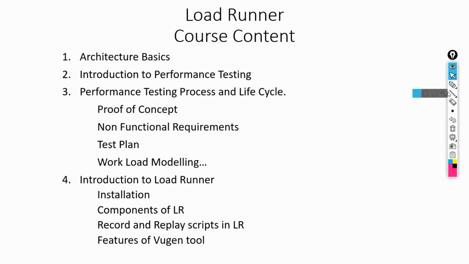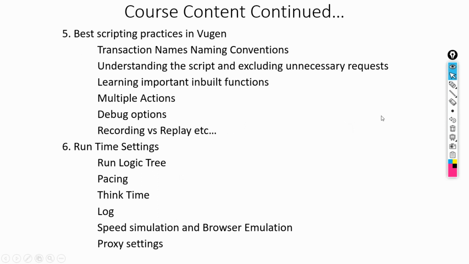If you see the fourth point, we start LoadRunner: how to install, what the components are, how you record, what the different features of the VuGen tool we use for recording are, and what the best scripting practices are while recording. Then what the different runtime settings are, and what settings we have in the tool to execute.